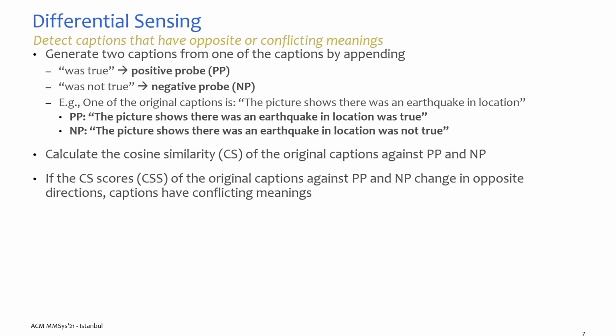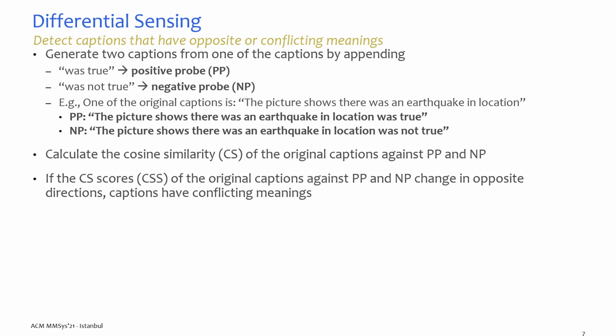Then we calculate the cosine similarity of the original captions against the positive probe and the negative probe. Cosine similarity is taken between the embedding vectors given by the S-BERT model. We expect that if the original captions have parallel meanings, their similarity score switching from the negative probe to the positive probe will change in the same direction.